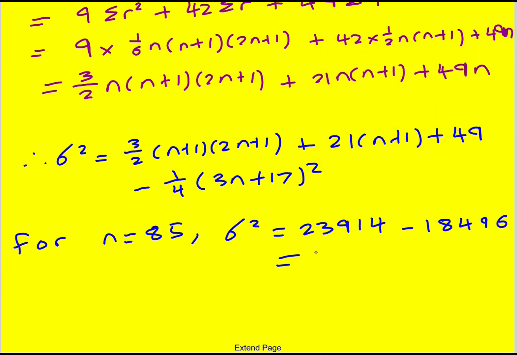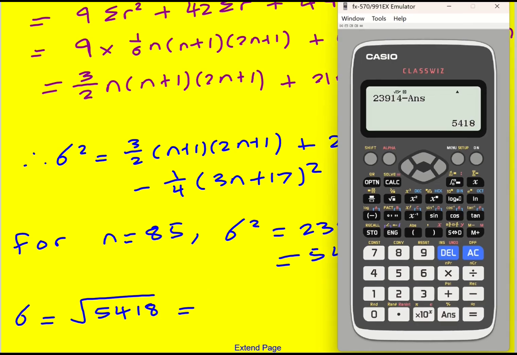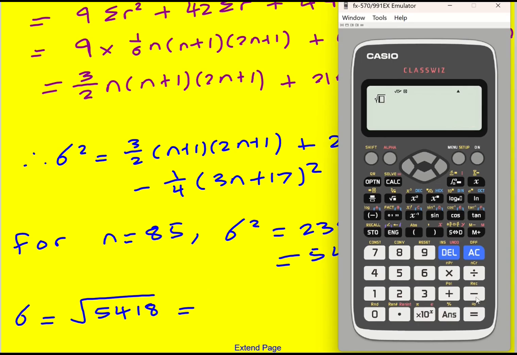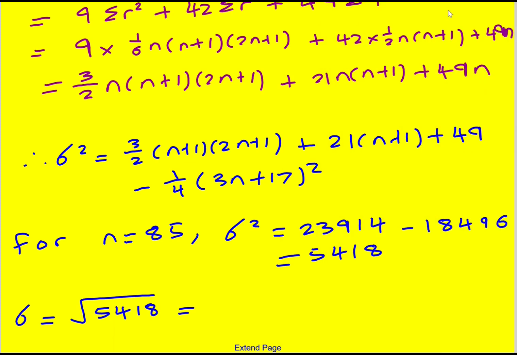Gives me 5,418. Remember, that's the variance. So now I'll find the standard deviation by just square rooting. 73.607, which will round to 73.6 grams.